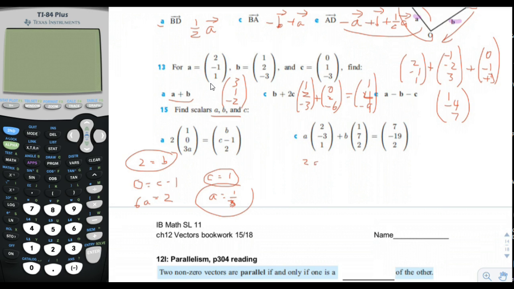We have 2a plus b is equal to 7, negative 3a plus 7b is equal to negative 19, and a plus 2b is equal to 2.